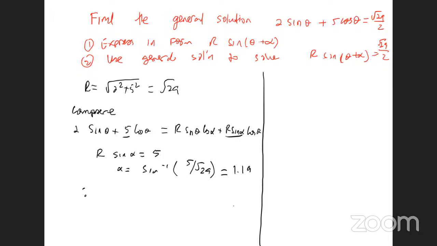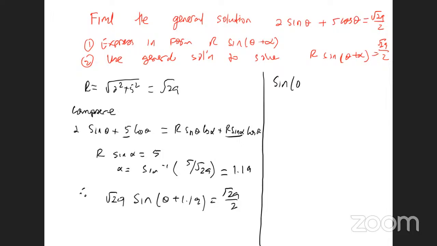Therefore, we end up with root 29 sine theta plus 1.19 equal to root 29 on 2. Okay? So next step, carry across the root 29.